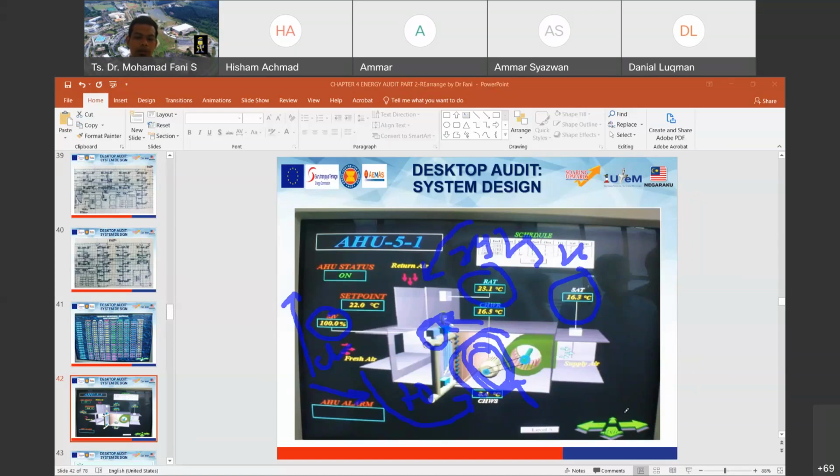So if the building doesn't have this kind of system, you as the engineer or maintenance engineer should suggest to your boss: hey boss, we should install a BMS and all the sensors so that we can control it automatically and avoid the waste of energy.